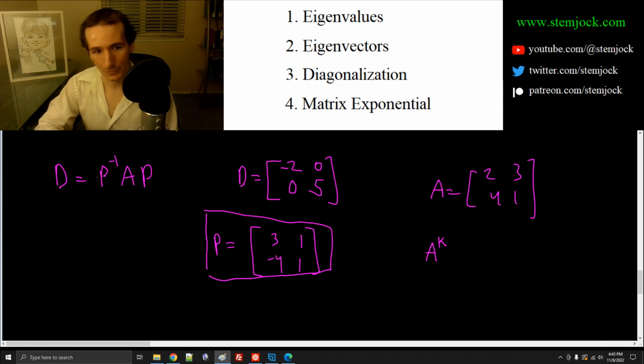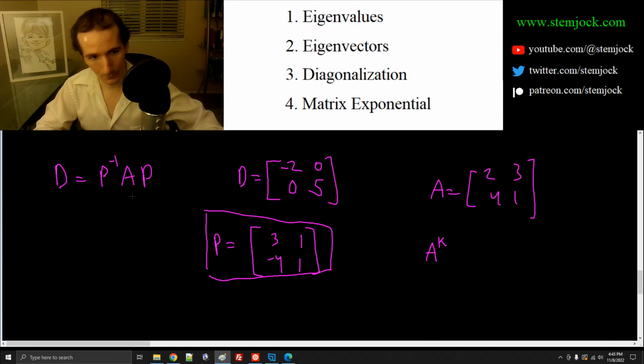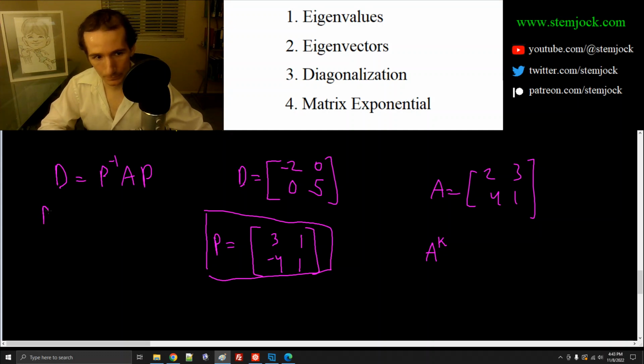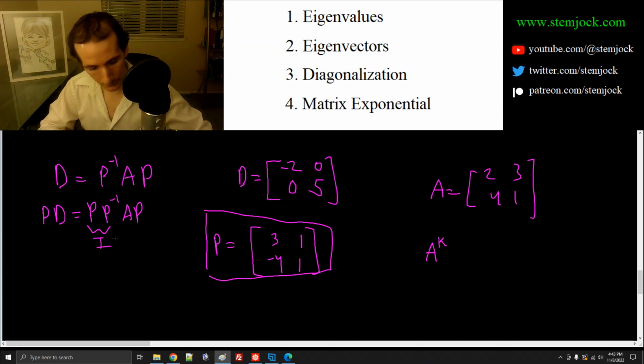So I'm going to solve this equation here for A. If I pre-multiply both sides by P, this here is going to be the identity matrix I. So this becomes PD equals AP.